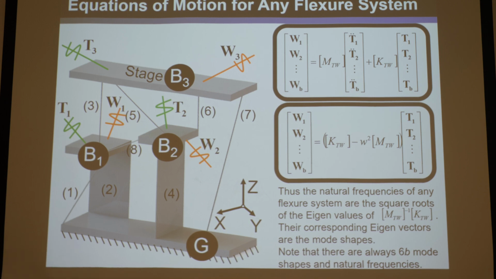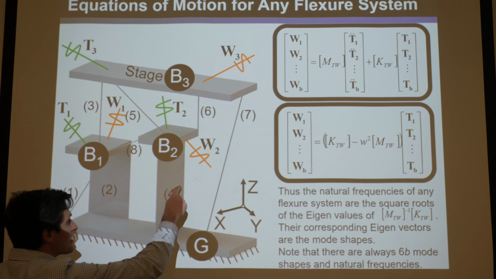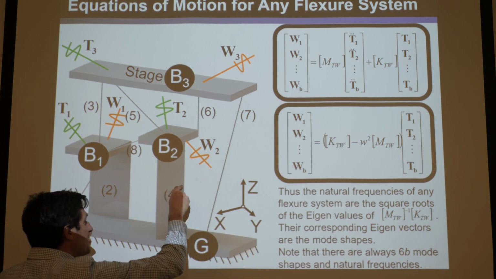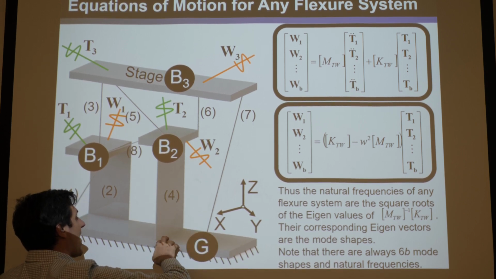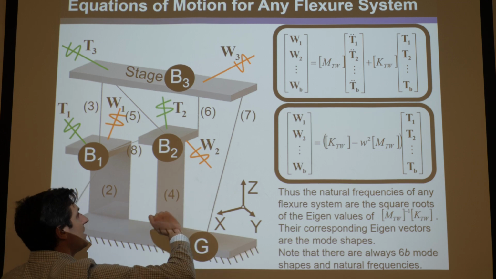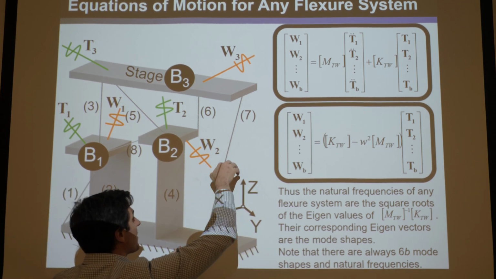Now, this allows me to explain why real systems have infinite natural frequencies and infinite mode shapes. If you think of it, you could keep breaking it down. You could say, let's put a pseudo-rigid stage here, and now we have a new stage, and here's half a flexure, and here's half a flexure. Let's do a pseudo stage here, and here's half a flexure, here's half a flexure.